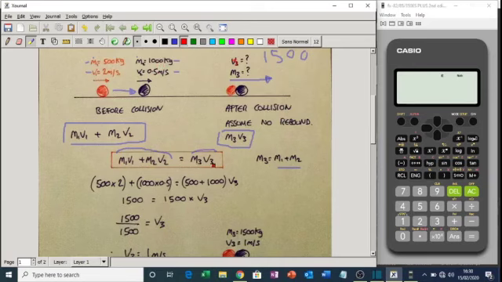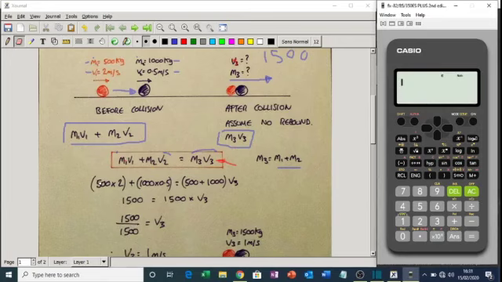We don't know what v3 is, but we know everything else. So we can work all of that out. Put the numbers in: 500 times 2 plus 1000 times 0.5 equals 500 plus 1000 times v3.